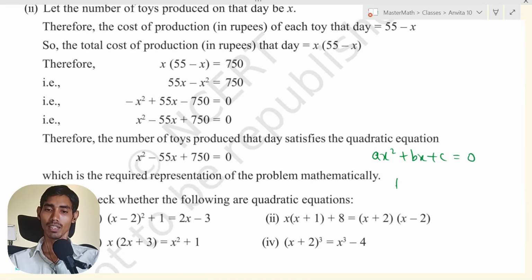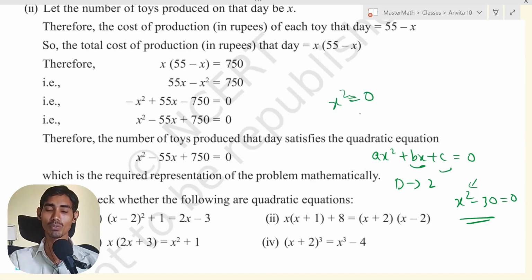You can have x square minus 30, which is also a quadratic equation because the highest power is 2. The second or third term could be 0, it could even be just x square is equal to 0. But the degree should be 2. That's important.